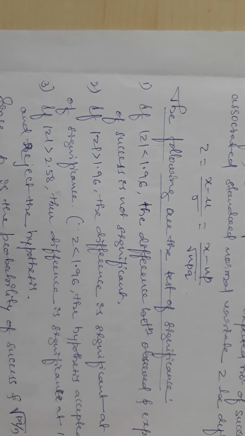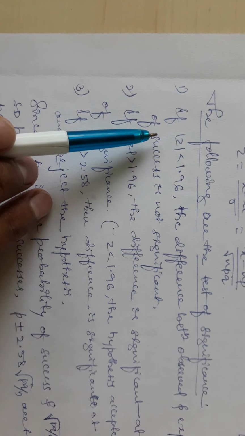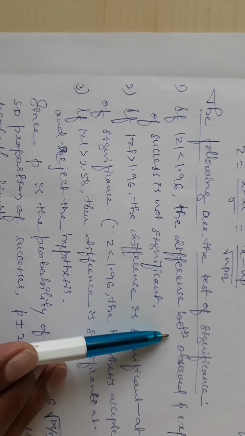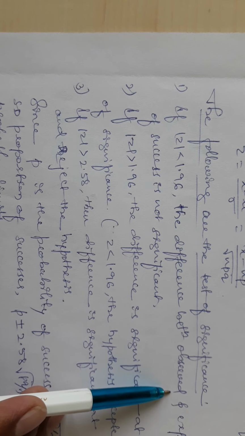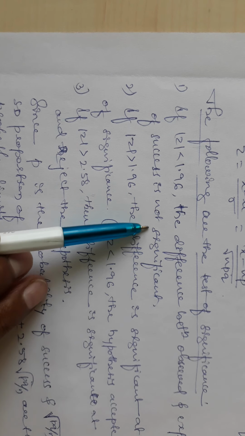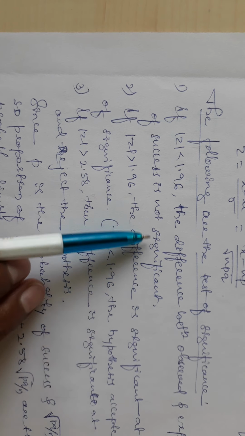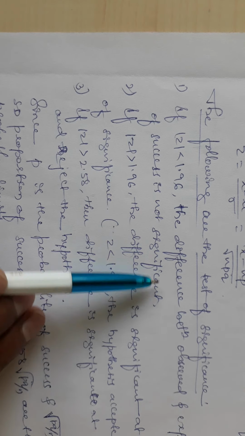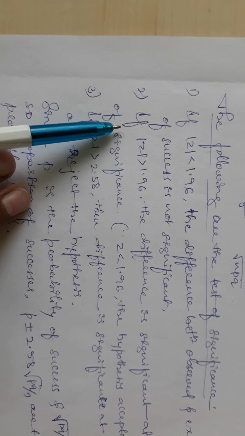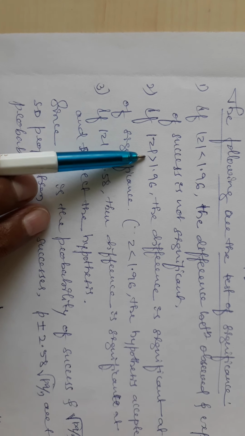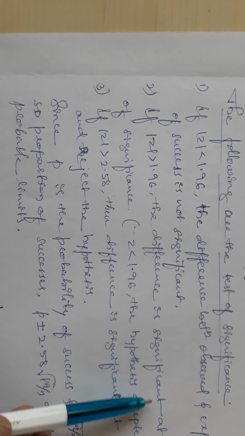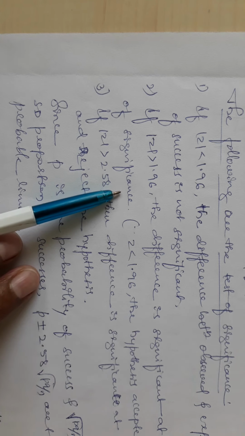Now, the following are the tests of significance. If mod z is less than 1.96, the difference between observed and expected number of successes is not significant. Here significant means rejection, and not significant means not rejected, that is, accepted. If the value is less than 1.96, it is accepted. Second, if mod z is greater than 1.96, the difference is significant, meaning it is rejected at the 5% level of significance.